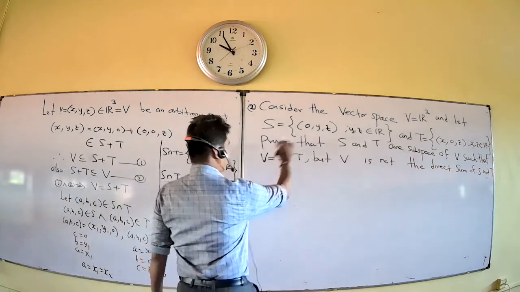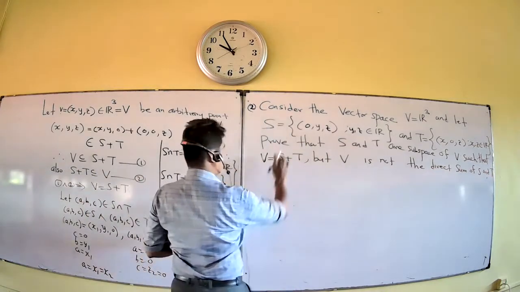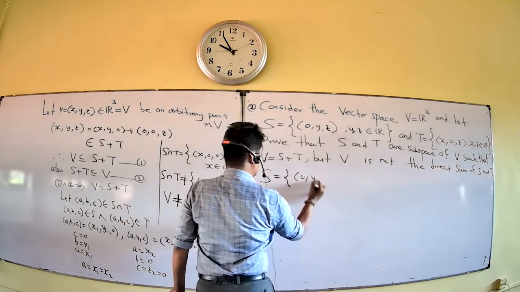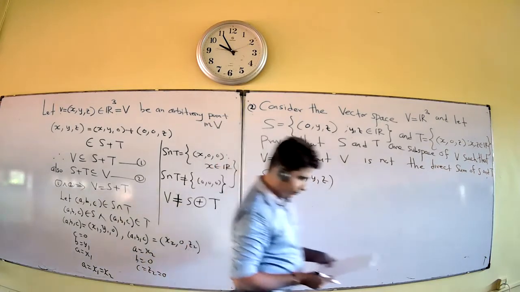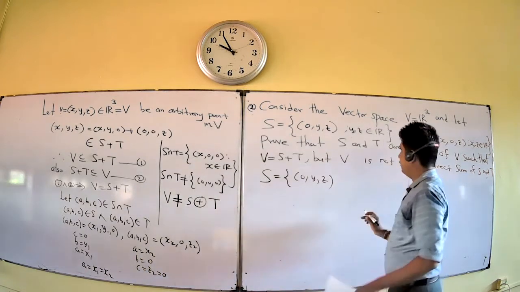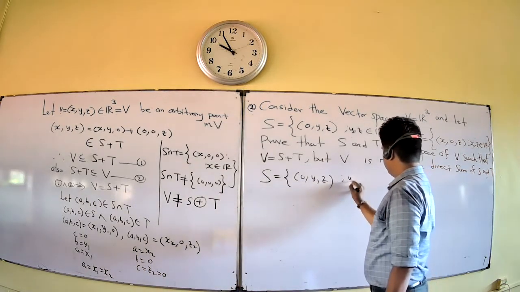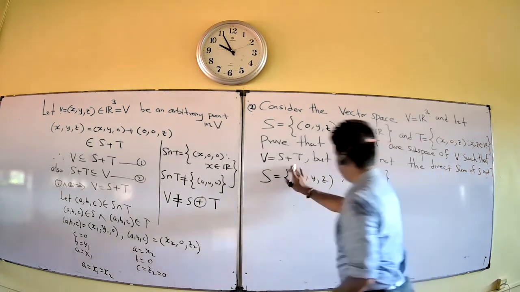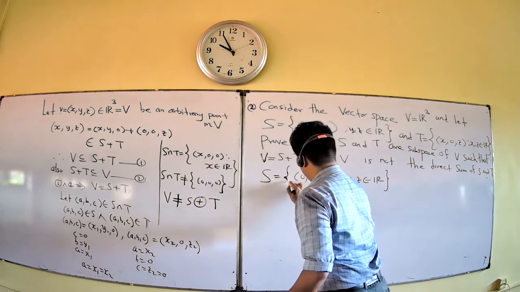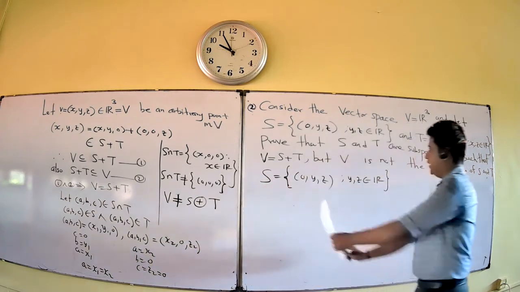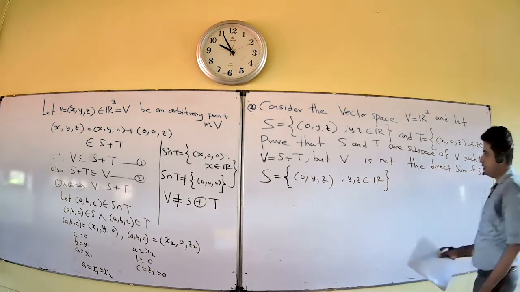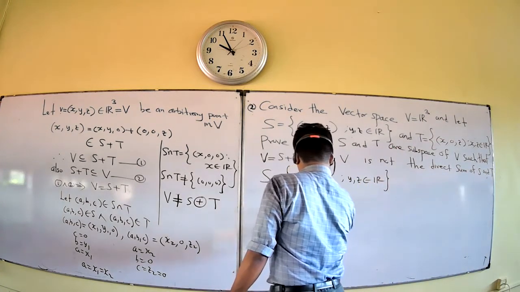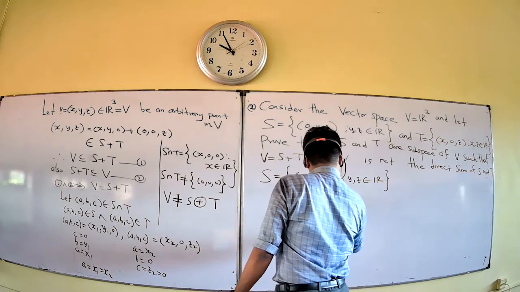So first you want to verify this is a subspace. It is a subspace: (0, y, z), where y, z belong to real numbers. Since (0, 0, 0) belongs to S, it is a non-empty set first.